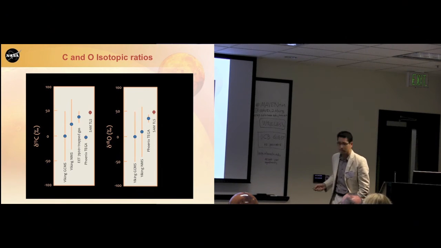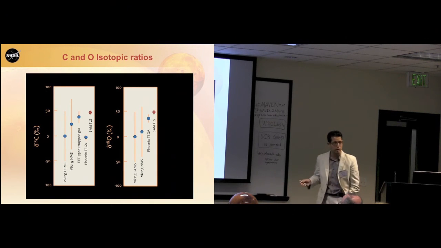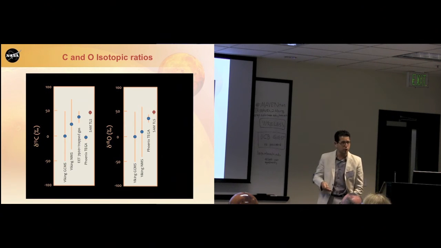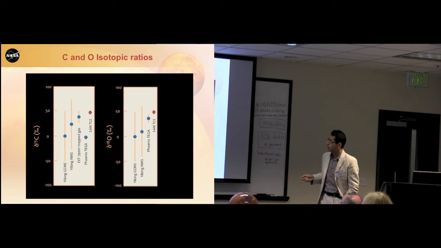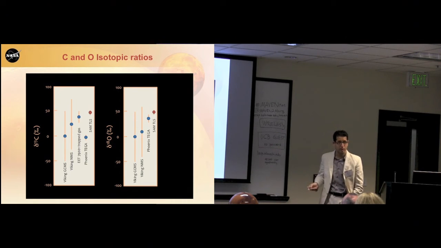And you can see what I was talking about earlier. The Viking GCMS found that the Martian carbon isotopic signature is the same as terrestrial. There's zero deviation. But look at the error bar. It's humongous. It's like 100%.